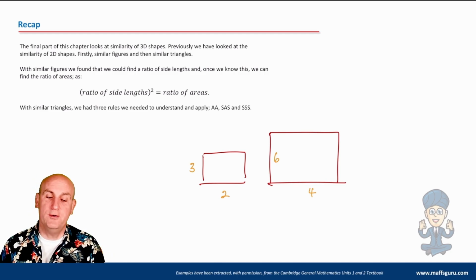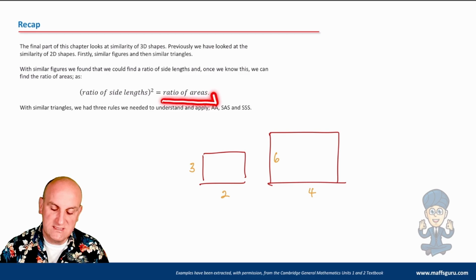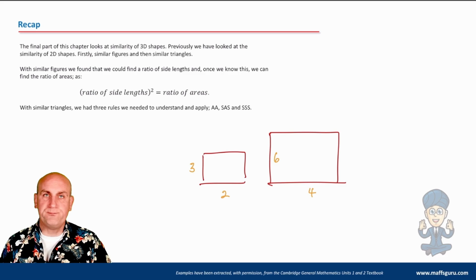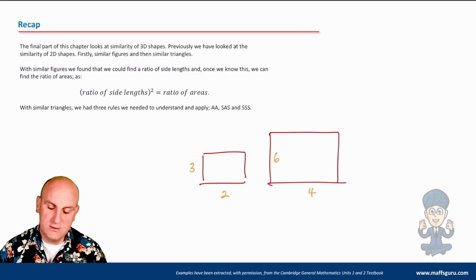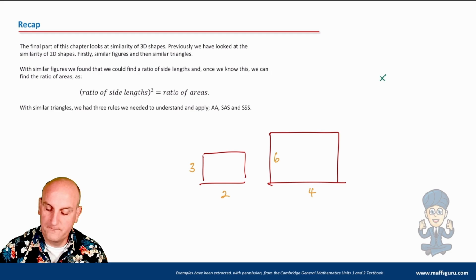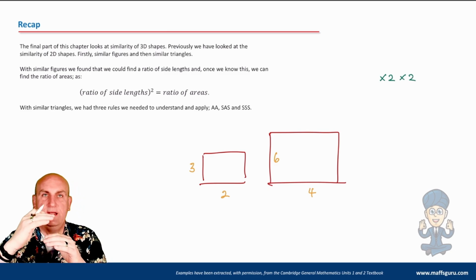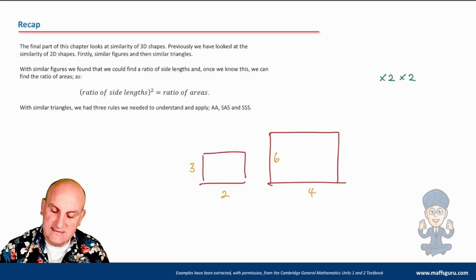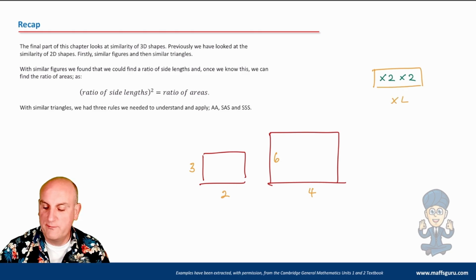We then went on to say, well, hold on a moment, what about our areas? And we noticed that our ratio of areas was basically our ratio of side lengths squared, as in times by itself. Normally I don't explain it this way, but what I wanted you to understand was that if I am taking this side and doubling it to get to that side, and I'm taking this side here and doubling it to get to that side, then I'm doubling the shape that way, and I'm doubling the shape that way, which would mean that my area is actually going to times by 4.